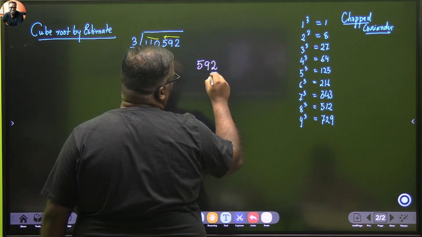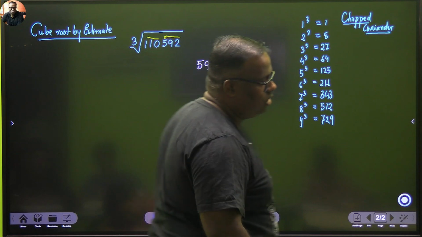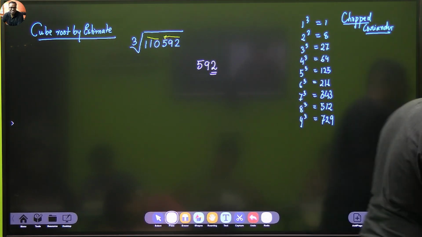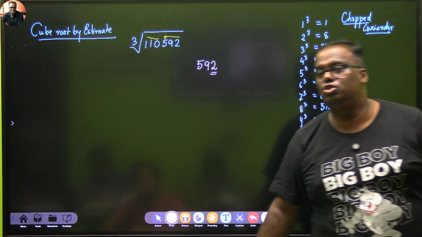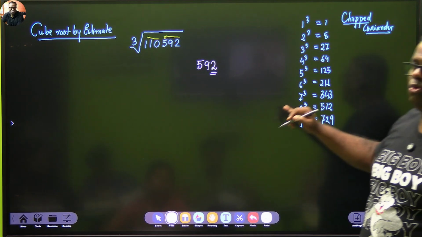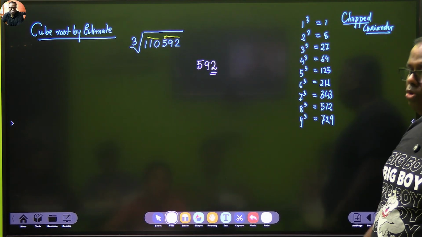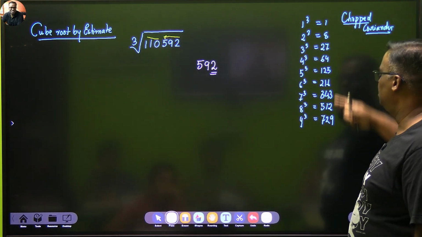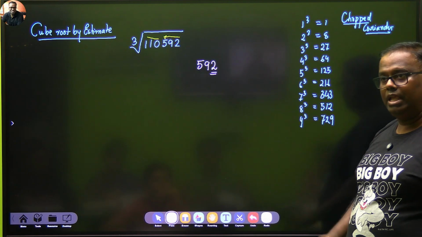Now look at the units digit. What is it? 2. A number ending in 2 comes from 8.